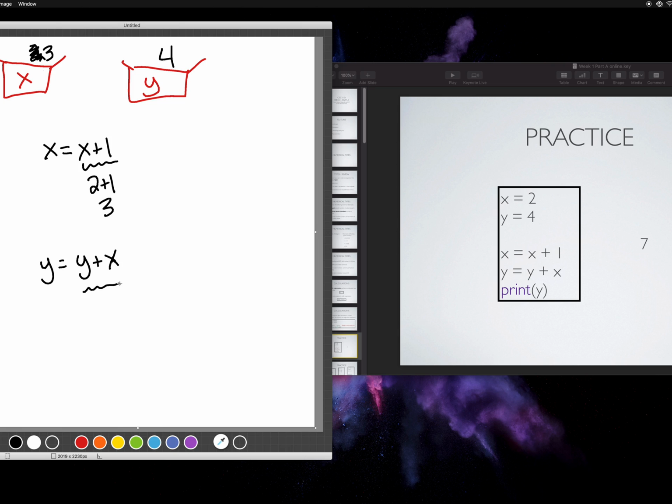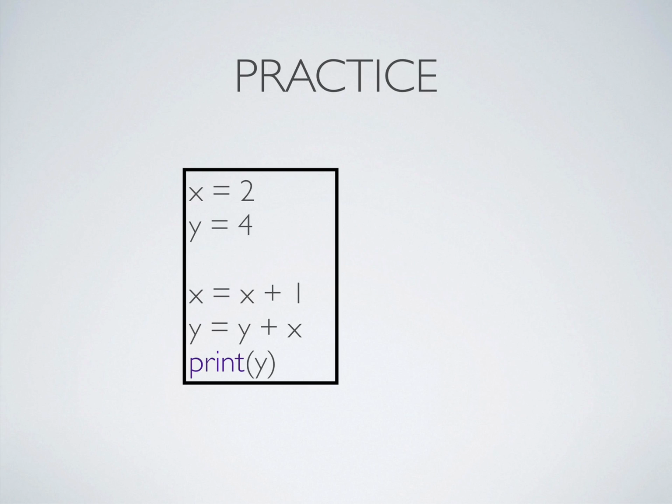In this case, at this point in time in code, y has 4, and x has 3, right? x has been updated a little bit since we first started running. So x right now is 3. Do this math, we get 7. So we put this value 7 into this variable y. Then, when you print y, you'll get this value 7 displayed on the screen.